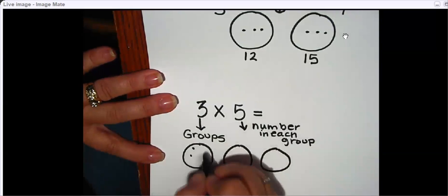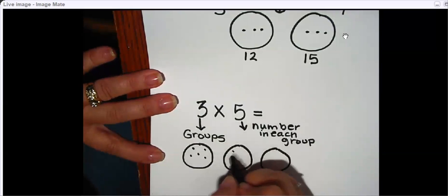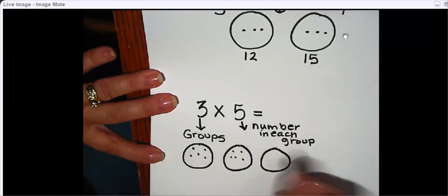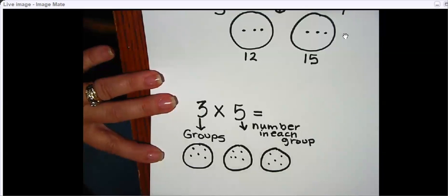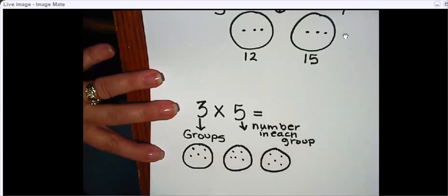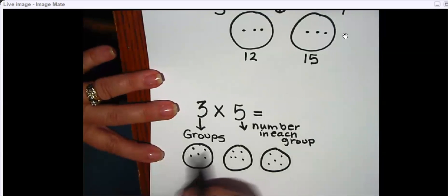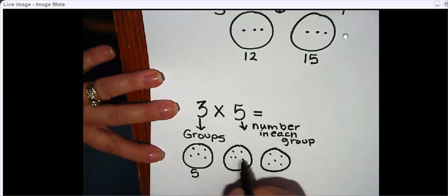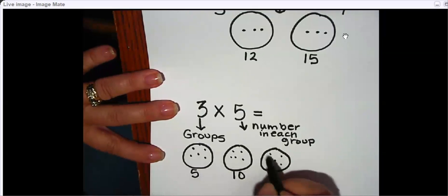So 1, 2, 3, 4, 5, 1, 2, 3, 4, 5. And then I need it in this one too. 1, 2, 3, 4, 5. Then again, I'd have to count each one in each group. So this is 1, 2, 3, 4, 5, 6, 7, 8, 9, 10, 11, 12, 13, 14, 15.